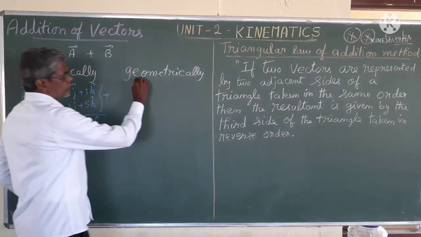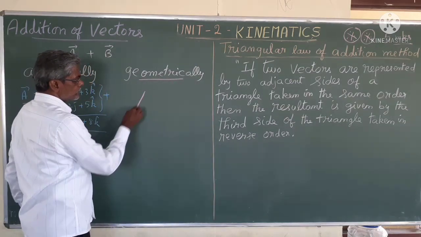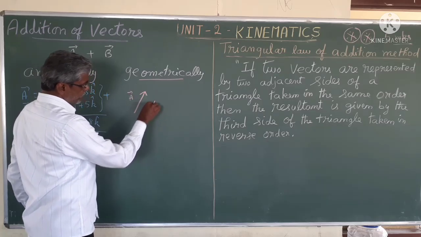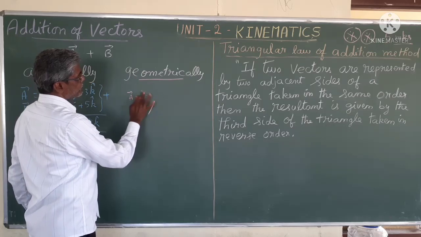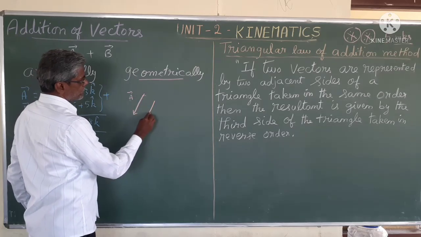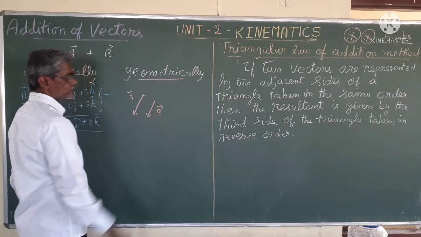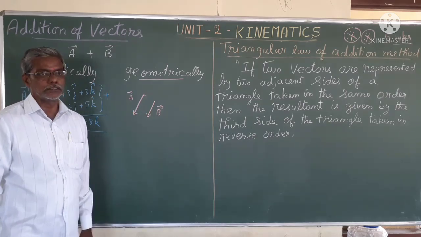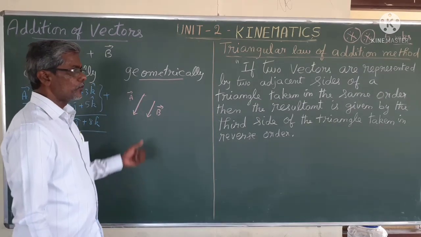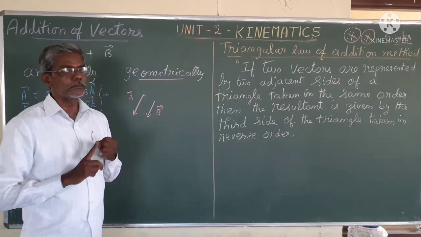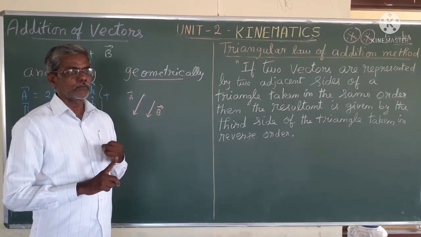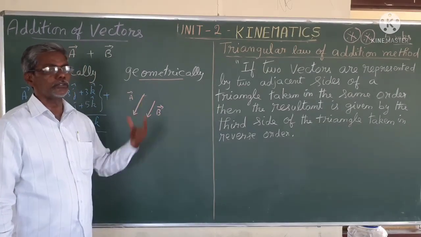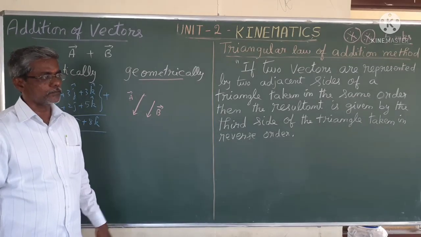Now, what is the geometrical method? Now, this one is A vector and this one is B vector. Now, I want to add these two vectors geometrically. By doing this, we should not change the direction and the magnitude must be the same. We should not reduce the magnitude also. Then how can I add?